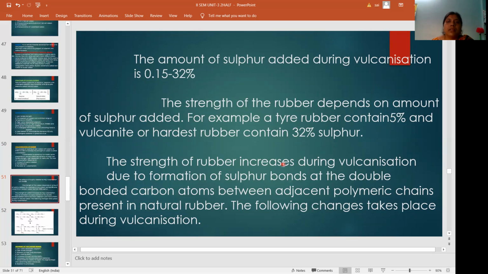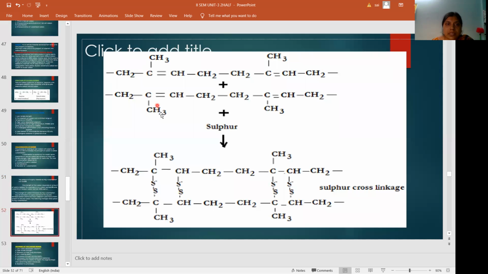The strength of rubber increases during vulcanization due to formation of sulfur bonds at the double bonded carbon atoms between adjacent, side by side polymeric chains present in natural rubber. That's why the strength of rubber is increasing.